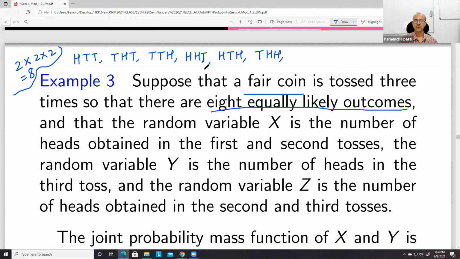So another 3. And 2 more: HHH and TTT. So these are 8 possibilities. Okay. Now the random variable x is the number of heads obtained in the first and second tosses.